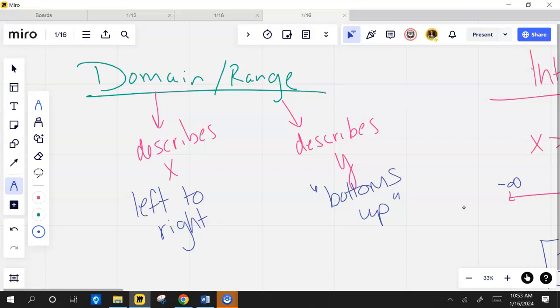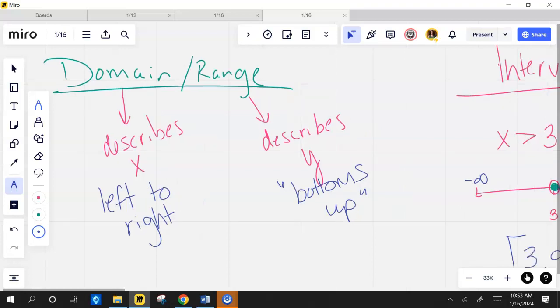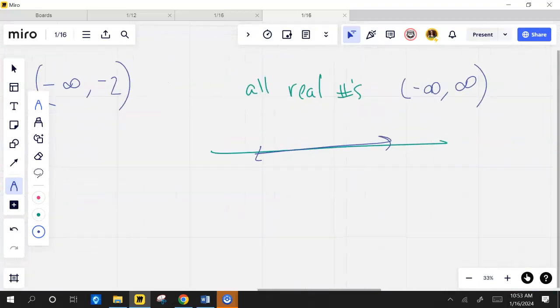Bottom to top. Since Y gets smaller down, we go from the lowest point up to the highest point. So let me give you a little graph and let's see if we can do some domain and range work with it.